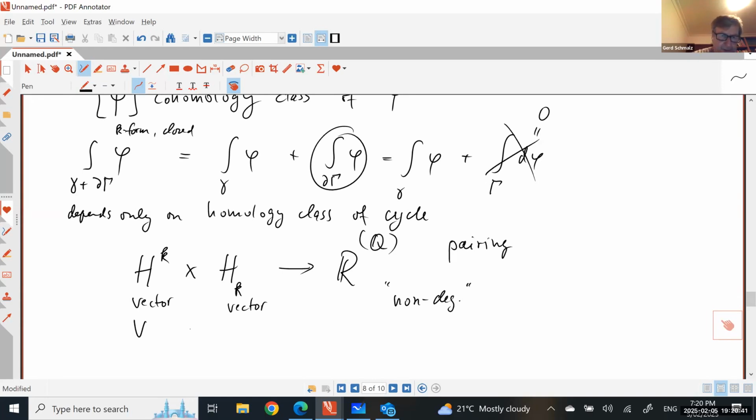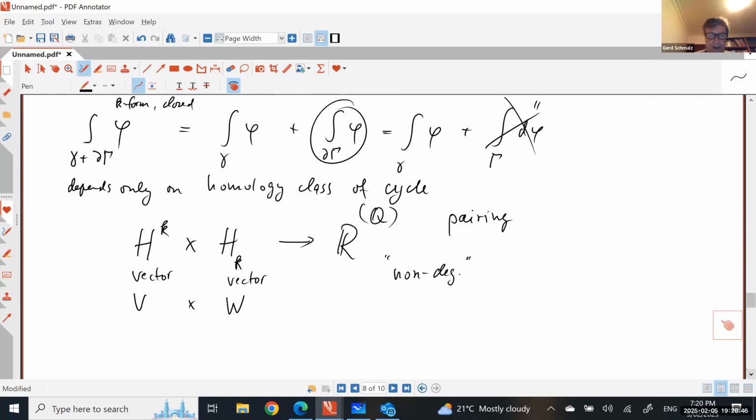I have a vector space V and a vector space W. If for any x in V, x not equal to 0, there exists a y in W such that the pairing, say the integral over y of x, is different from 0.